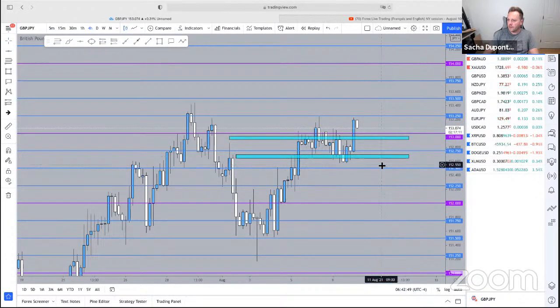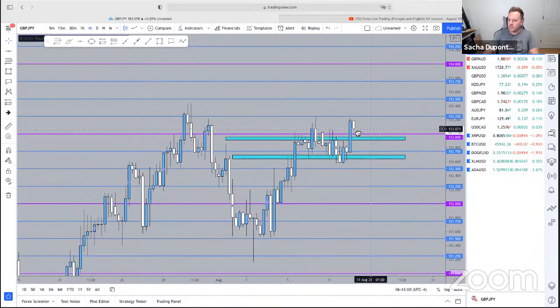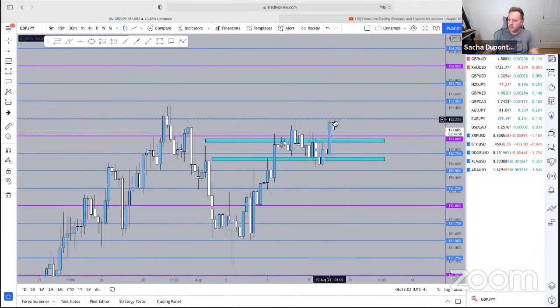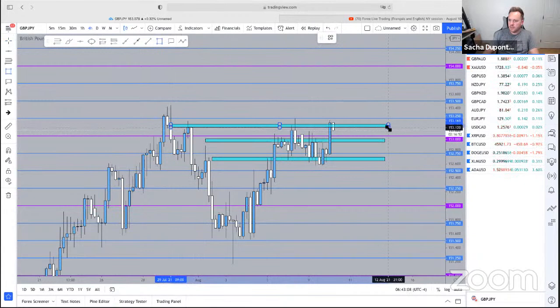All right. Range, we got a fake out here, came back down in that range, fake out here, came back in the range, and boom, now we broke. All right, so we broke once again. We need to stay above. So are we going to get a break and retest to continue up? That would be perfect. We got this zone here. And we got this zone here.